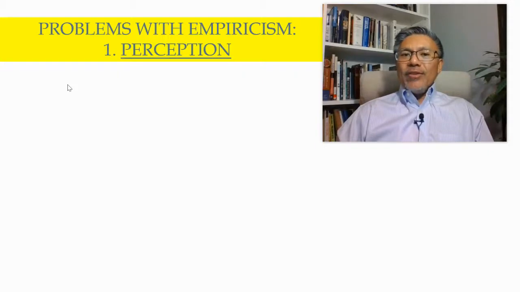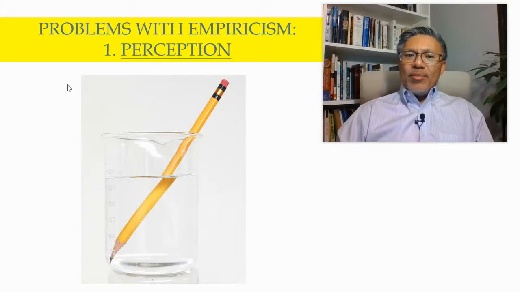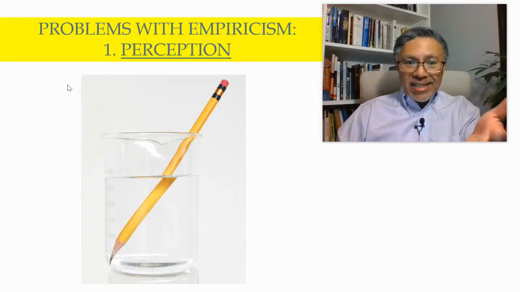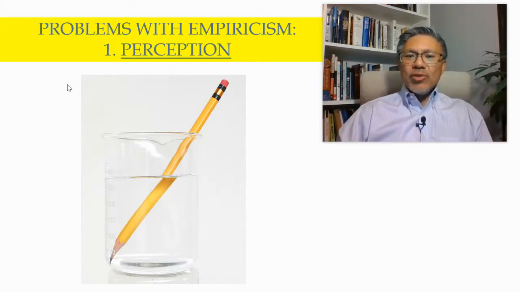Last lecture, we looked at the fact that there are problems with empiricism, especially when we take a look at how often we're deceived by our senses, how often we're wrong based upon what we hear or see. We took a look at the example of a pencil and a glass of water, and though our sight tells us that the pencil is fractured somehow, we know it's not.